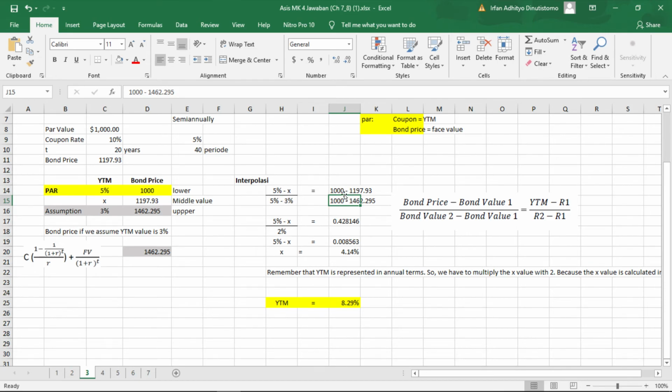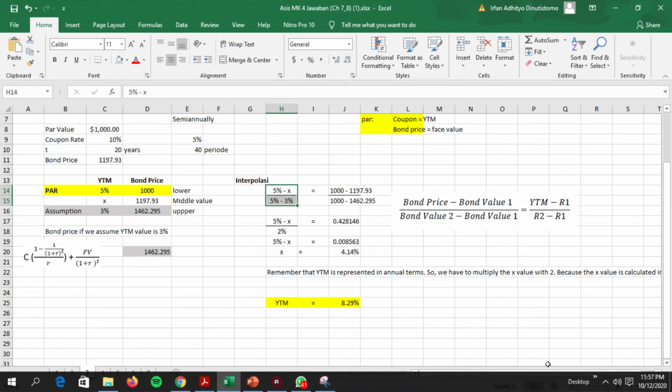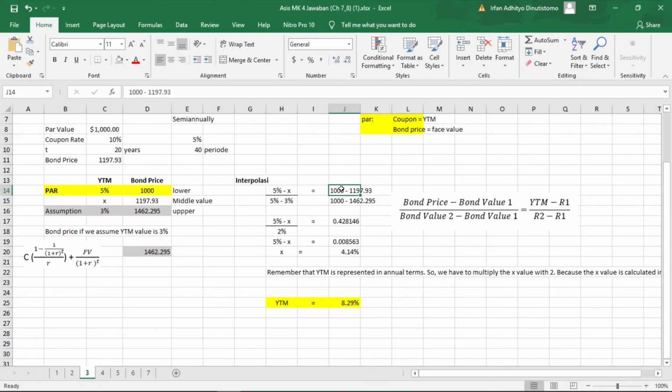Keep in mind that it's impossible for this to be negative. If the result of this one is negative divided by negative, it will turn out as positive, right? But if the result of the division is negative, or this one right here is negative, so only one of them is negative, it's most certain that you got it wrong.